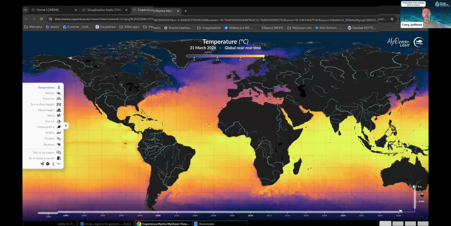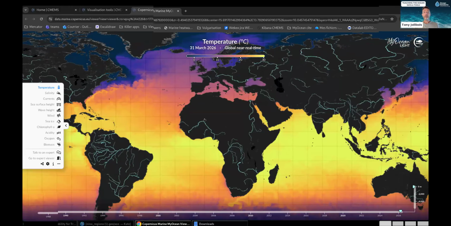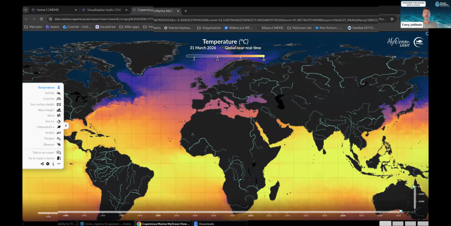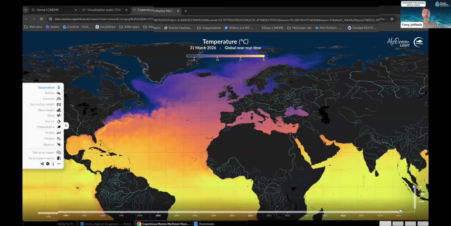Let's start with a simple question for a beginner. Many people believe that temperature mainly depends on latitude. The closer you are to the equator, the warmer it is. So let's check using real ocean data.